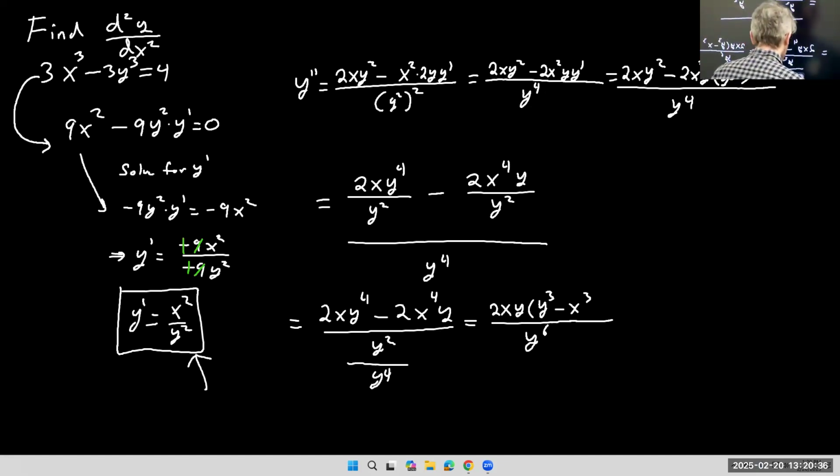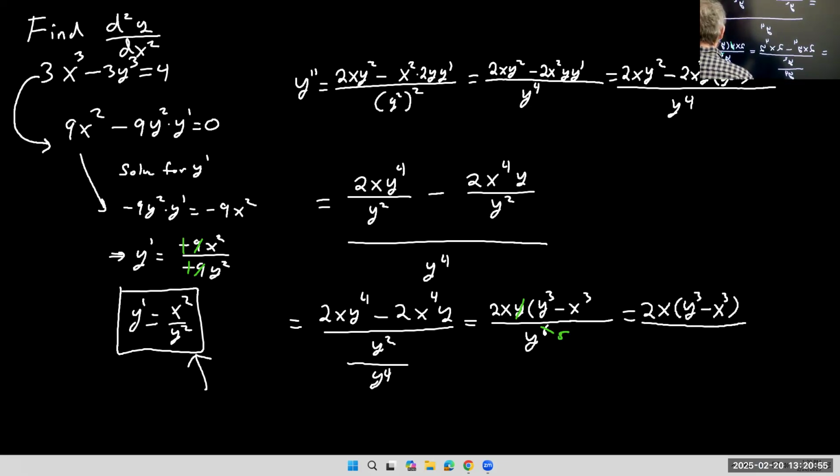We can see that we can reduce this now. This now becomes a 5. We still have a 2x there. So that seems like that would be 2x times y cubed minus x cubed over y to the fifth. And that coincidentally is the correct answer.